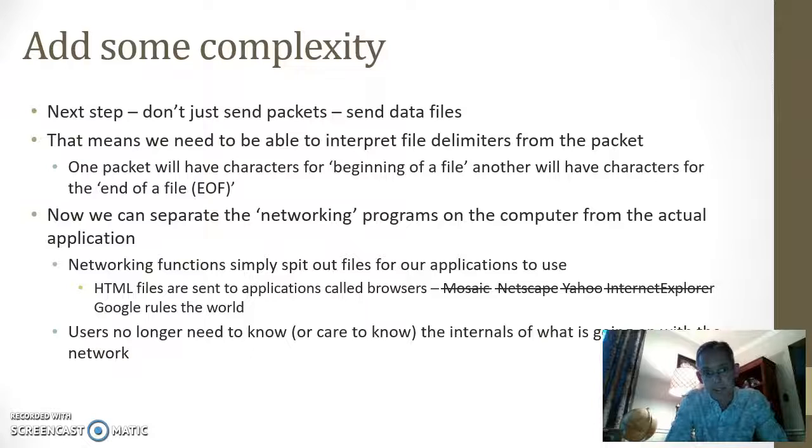So the next step here is you're not just sending those packages. I want to send actual data files. So now you need things like TCP/IP over top of that that'll construct actual meaningful information out of it. And that's kind of what we talk to in this chart, which is, you separate the networking programs now from the computer and the actual application.